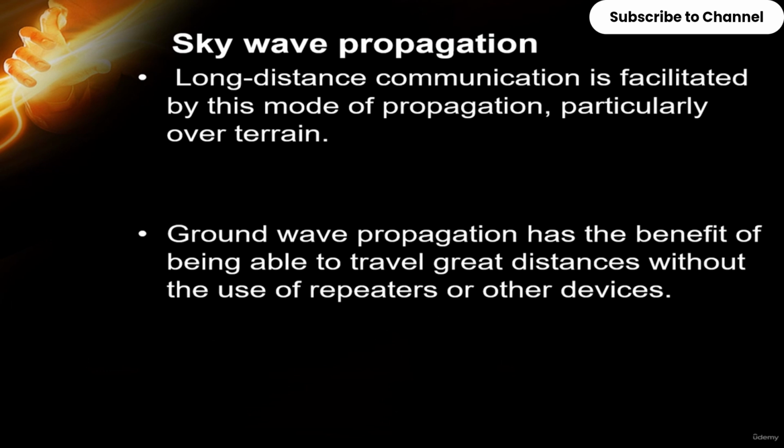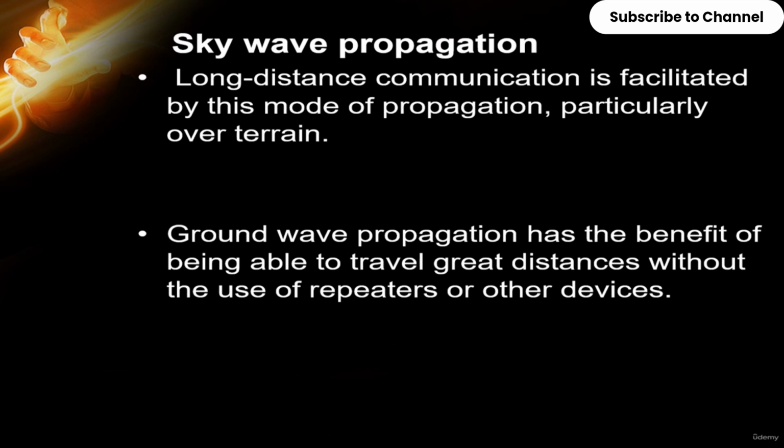Now we will see sky wave transmission. Sky wave transmission is based on long distance communication, which propagates over the terrain. Without obstructions, radio waves can travel significant distances due to the surface curvature.